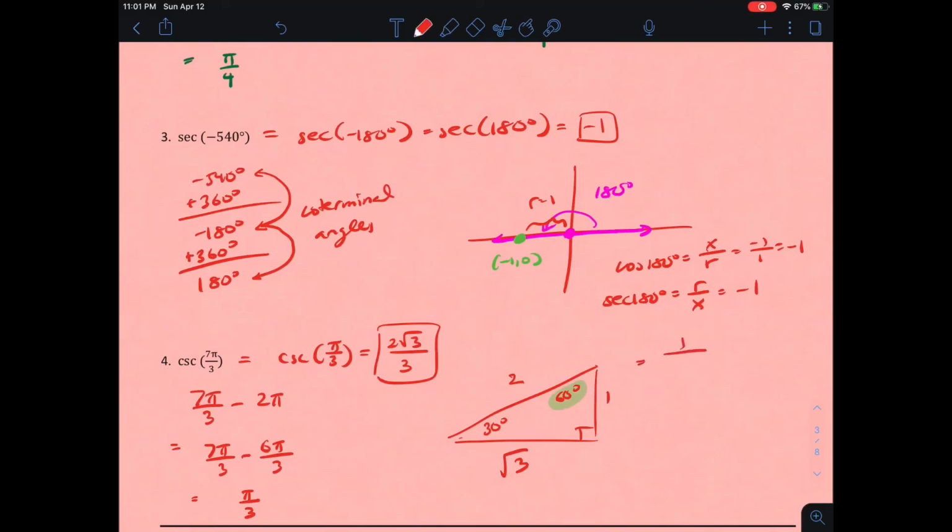Cosecant, if it helps, you can think of as 1 over sine of pi over 3. And sine of pi over 3 is opposite over hypotenuse, which is rad 3 over 2. Then 1 over that would just be 2 over rad 3. If you rationalize this, you do end up with the same answer we got the first time.